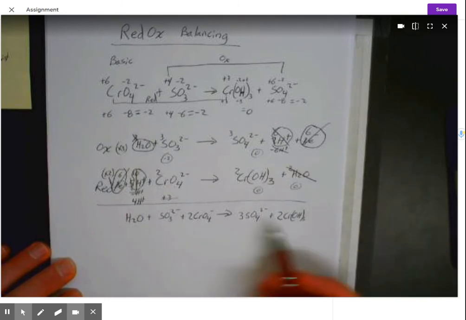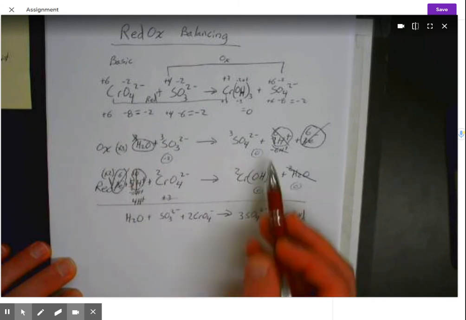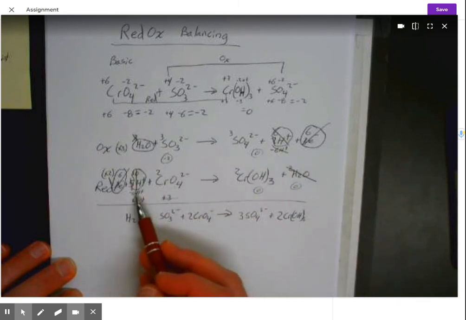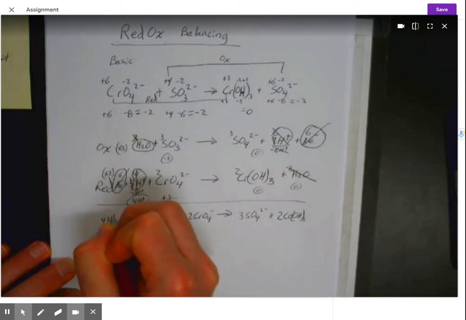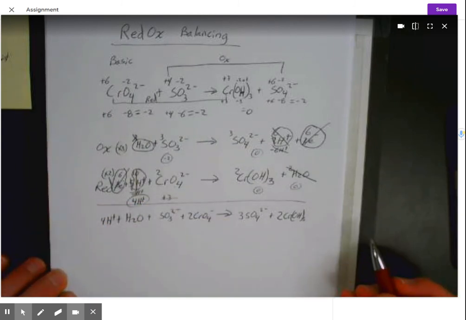So this, wait a minute, I lost some H pluses somewhere. Okay, here we go, 4 H pluses left over. This is what it will look like in acidic conditions.